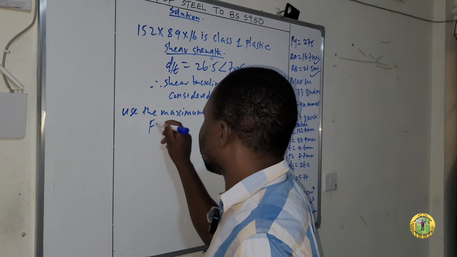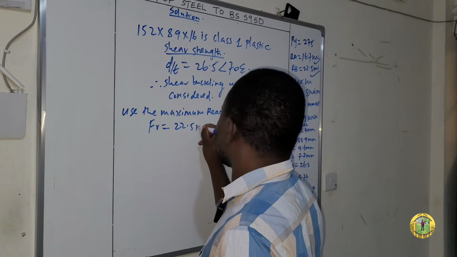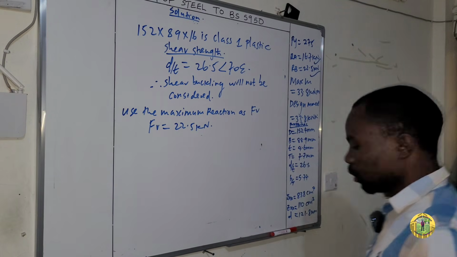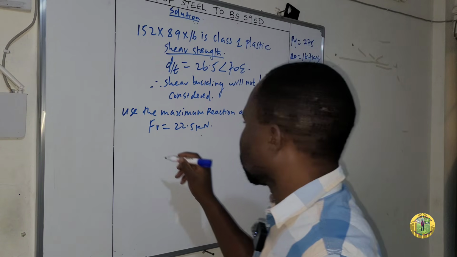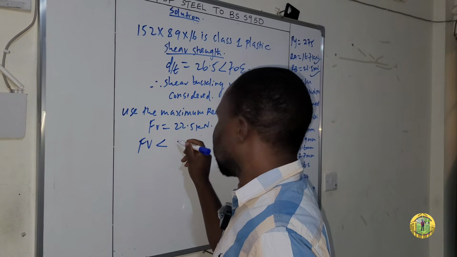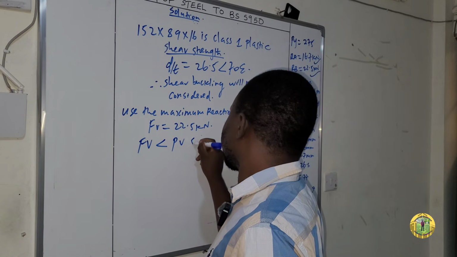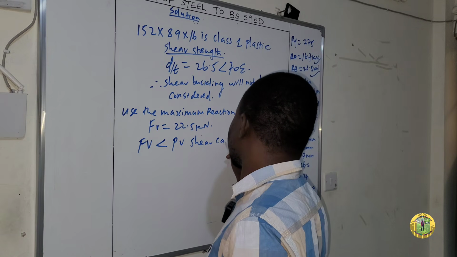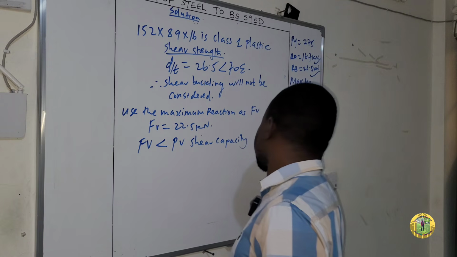So here FV is 22.5 kilonewton. We know that FV must be less than PV, which is shear capacity, for the section to be okay.